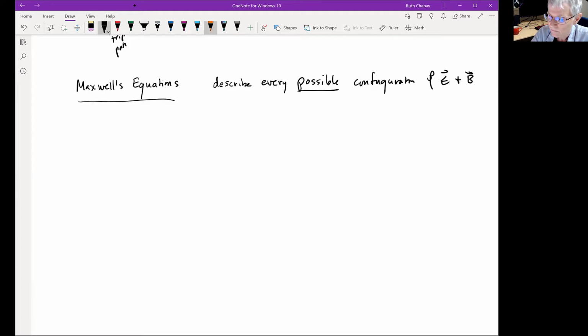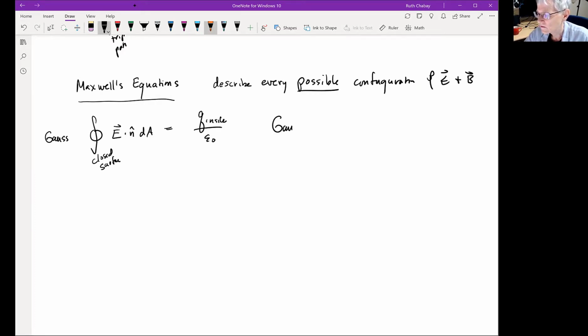So you're very familiar with Gauss's law. So here's Gauss, which says that the integral of E dot n hat dA, the electric flux on a closed surface, is equal to the charge inside over epsilon 0.